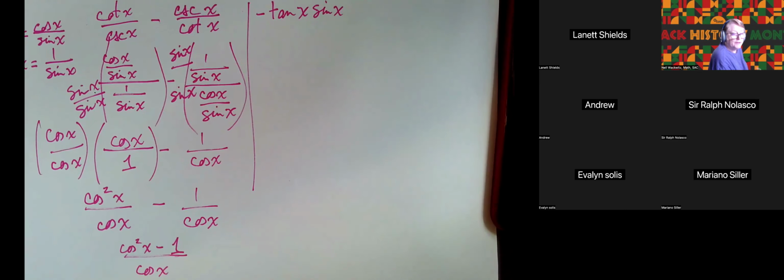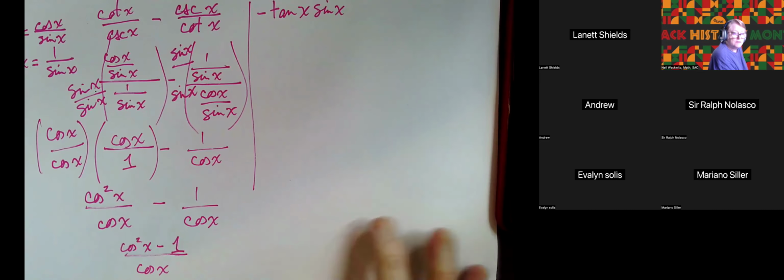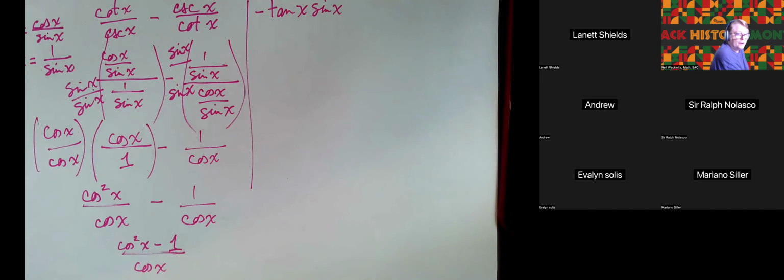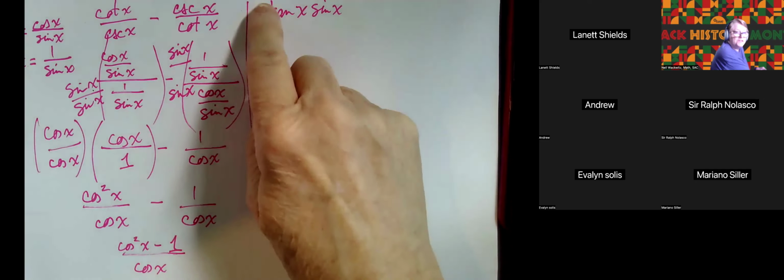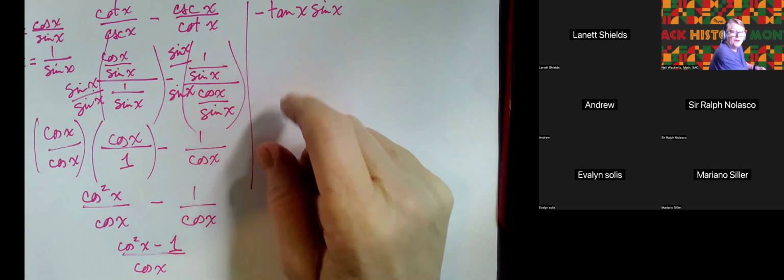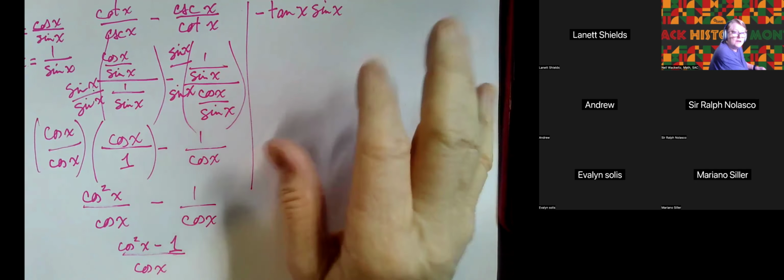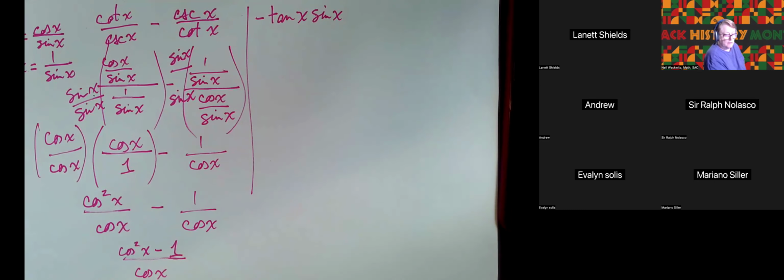And this is actually looking really good because we've got a cosine in the denominator and tangent has a cosine in the denominator, but we've got some sines that are missing. How can we get to those? If we have a cosine squared x minus 1.